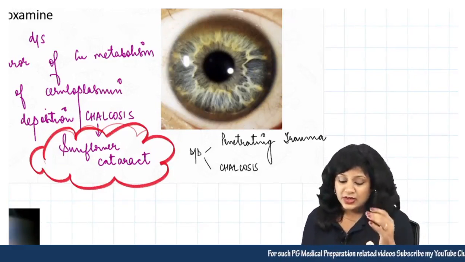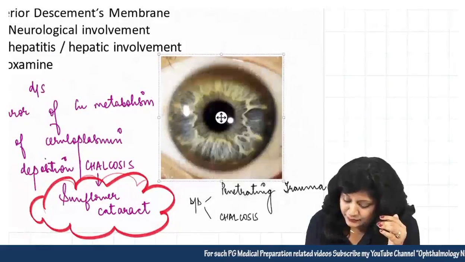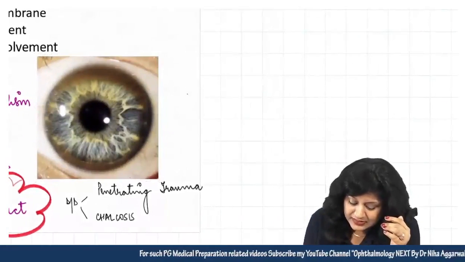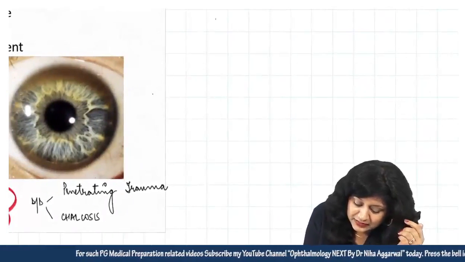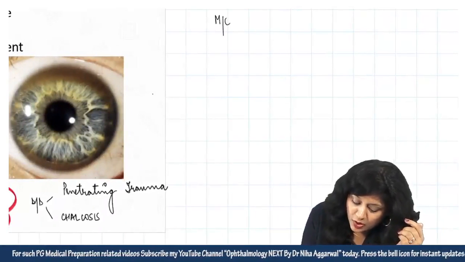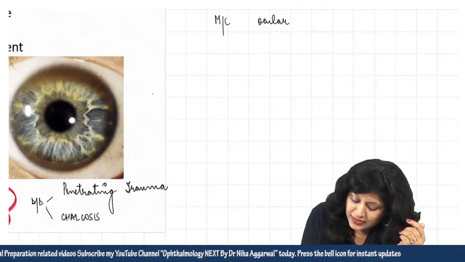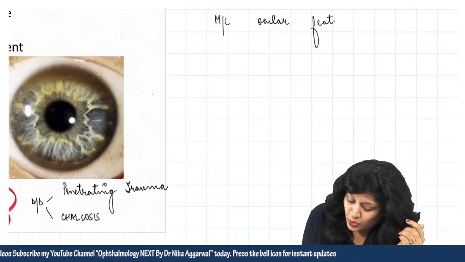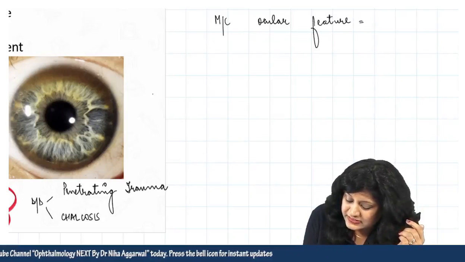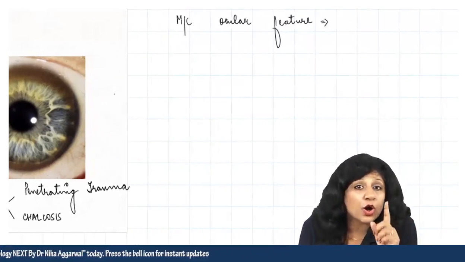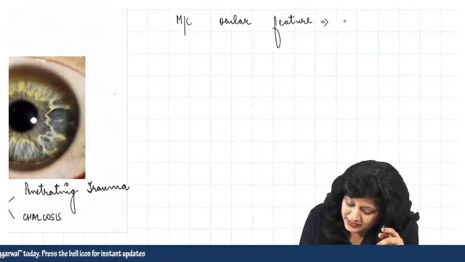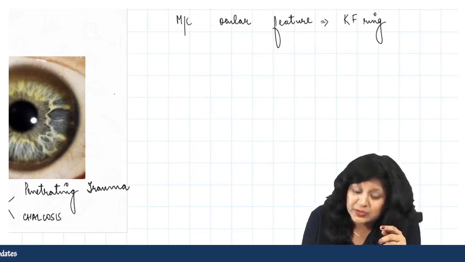Though we get sunflower cataract here, one thing is worth mentioning: if they ask you the most common ocular feature of Wilson's disease, then it is not the sunflower cataract, it is the KF ring only, which is named after two scientists.